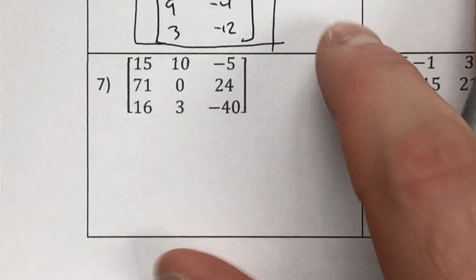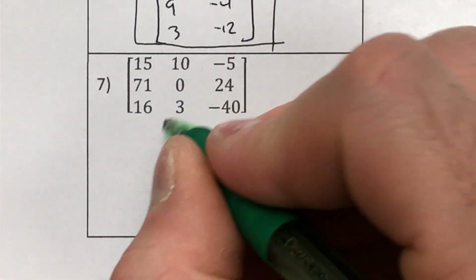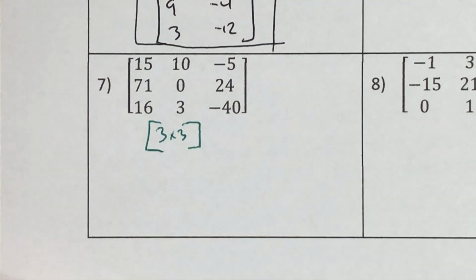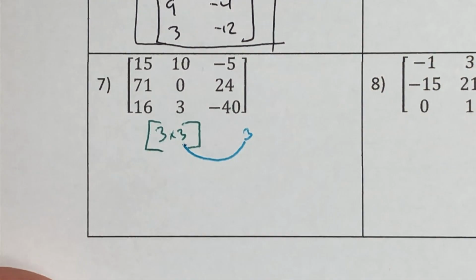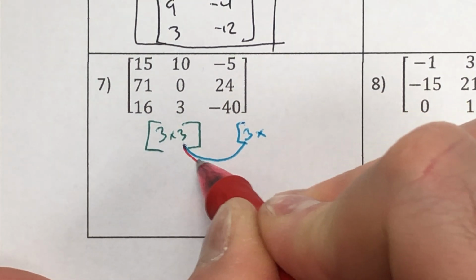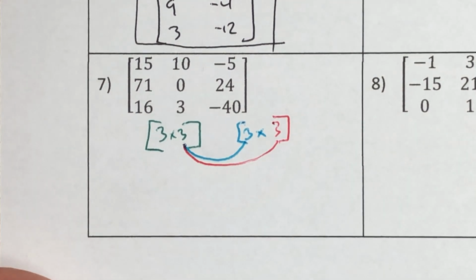And then if I have something like number 7, this won't produce a 2 by 2 matrix. This is a 3 by 3, in which case, again, the same set of rules apply. In order to multiply this, it has to be a 3 by something. And if I want the same dimensions, I'll just say, okay, let's take the number of columns and make it the number of columns over here, and boom, I'll produce the same dimensions.